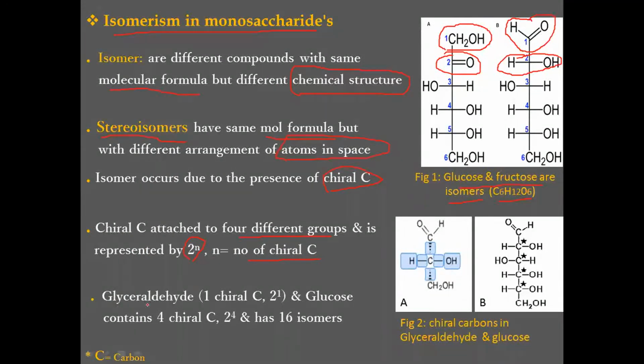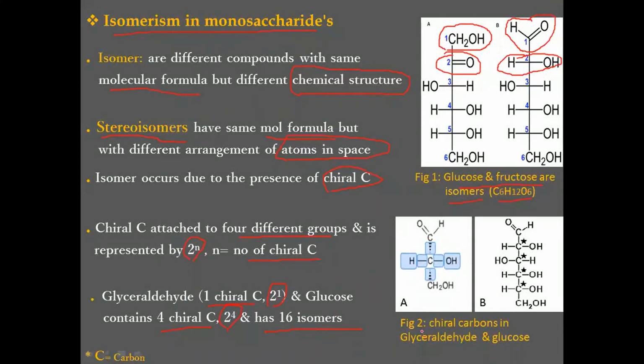In glyceraldehyde, which is a reference molecule, 1 chiral carbon is present, so it is 2 raised to the power 1, and it has 2 isomers. Glucose contains 4 chiral carbons, which is 2^4, so it has 16 isomers.